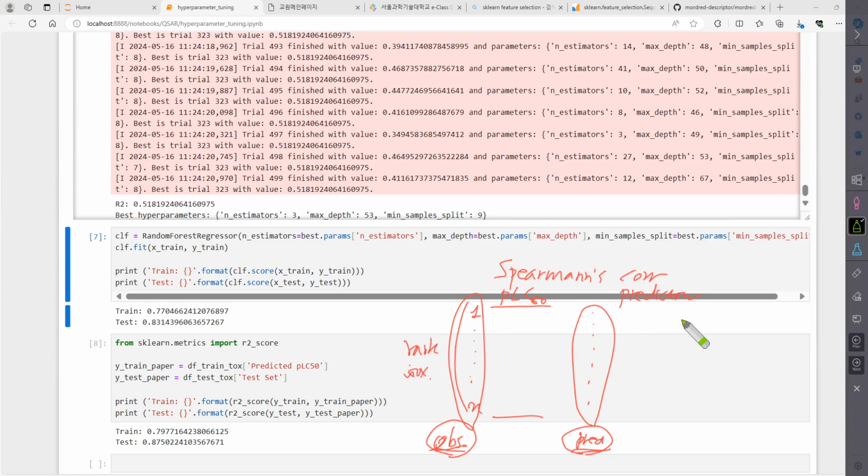If the Spearman's correlation is higher than 0.6, I can say the model is still useful, because a model is sometimes used to prioritize compounds. Its aim is to find the compounds with higher toxicity than other compounds.